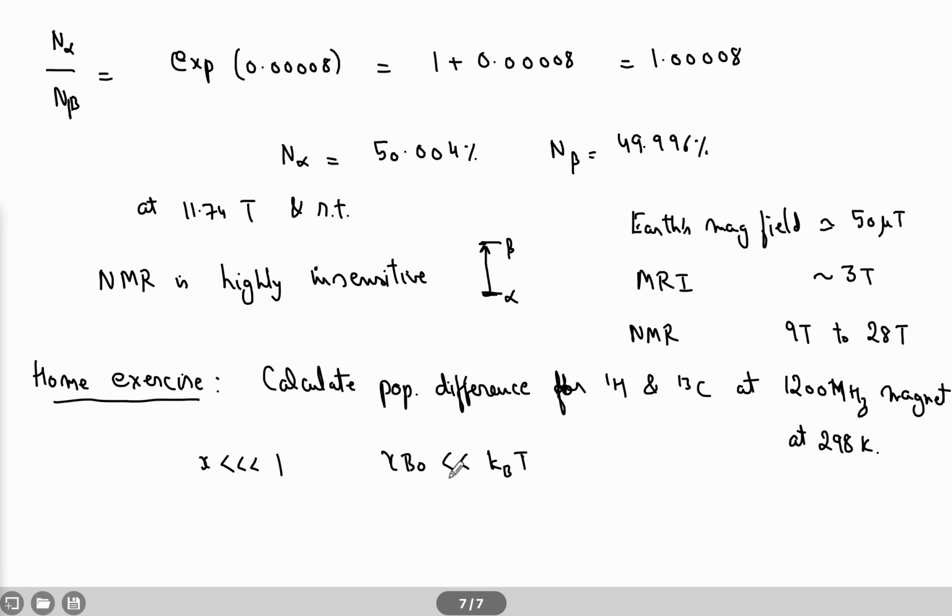This is the fact which we are assuming in calculating the population difference. This approximation we will see later on in its use in density matrix formalism, but let's not go into those details right now. This approximation is called the high temperature approximation. Although we are working at room temperature only, this is already a very high temperature for these spins. So this is called the high temperature approximation.